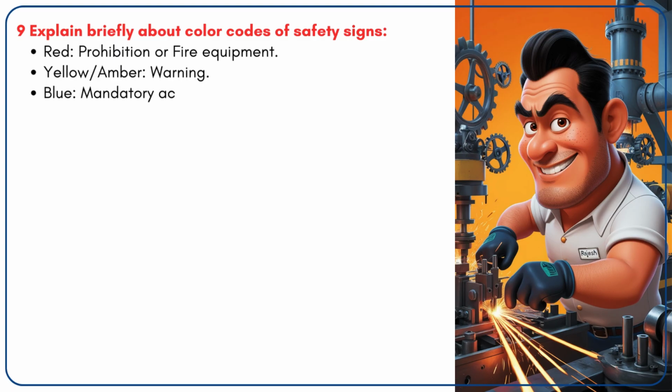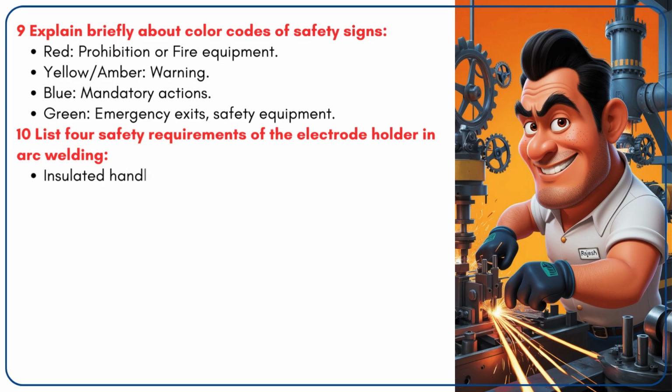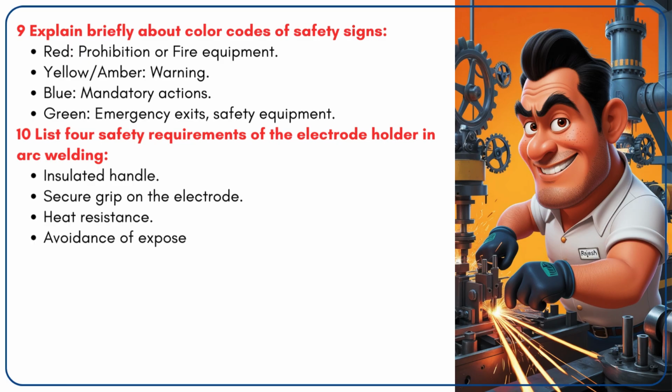Blue, mandatory actions. Green, emergency exits, safety equipment. 10. List 4 safety requirements of the electrode holder in arc welding. Insulated handle. Secure grip on the electrode. Heat resistance. Avoidance of exposed electrical connections.